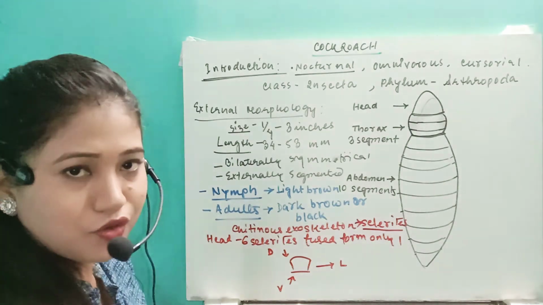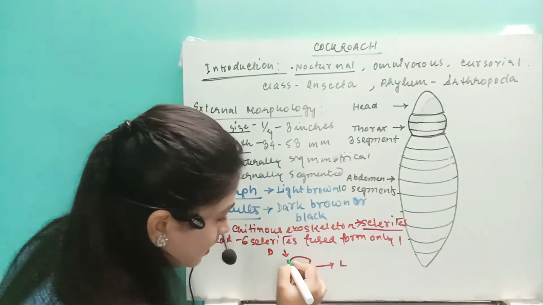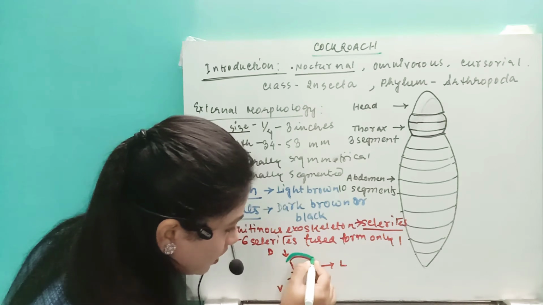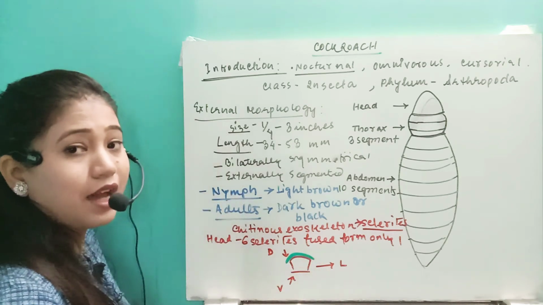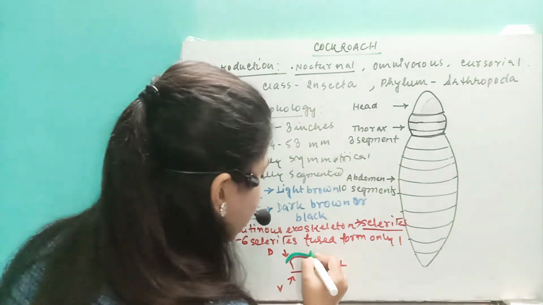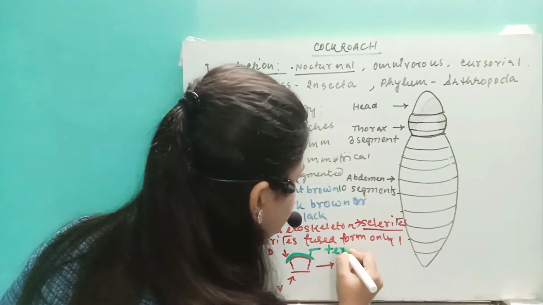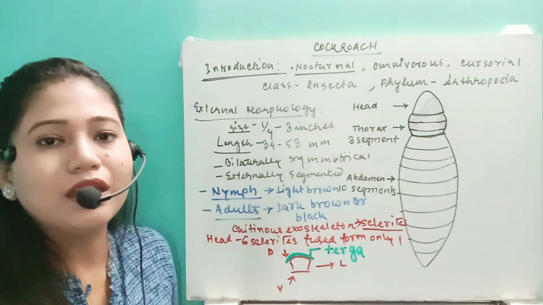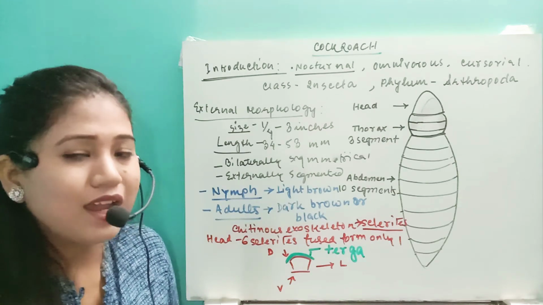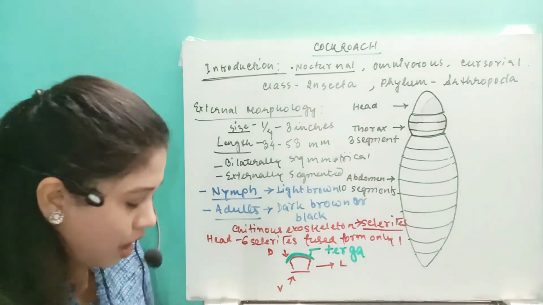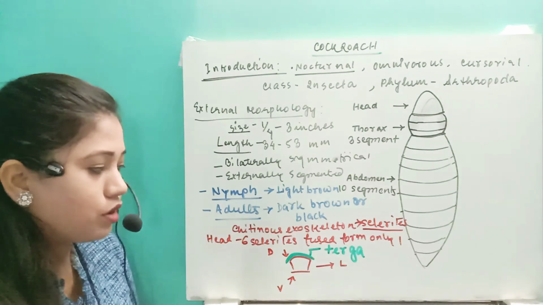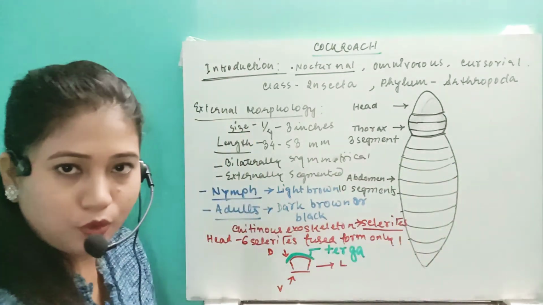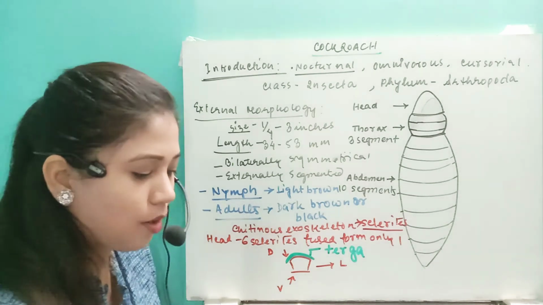First of all, the dorsal side is covered by a protective covering. What is that covering known as? This is known as the targum, singular, and targa is the plural. The next one is on the ventral side, which is the belly part, beneath, which we don't see from the top.